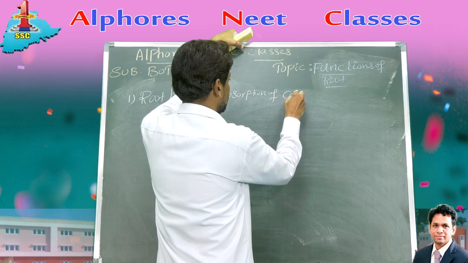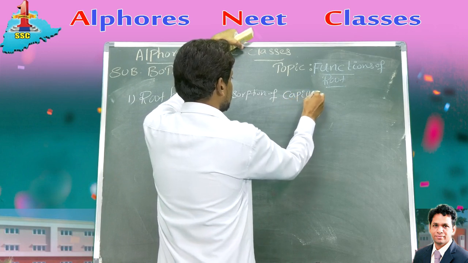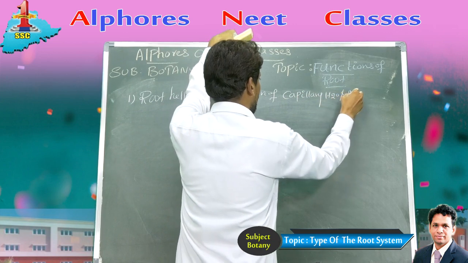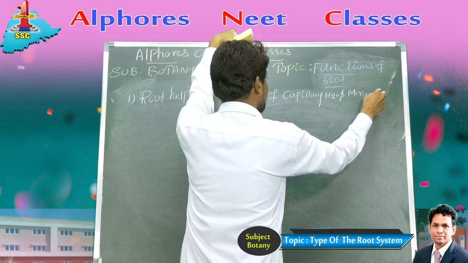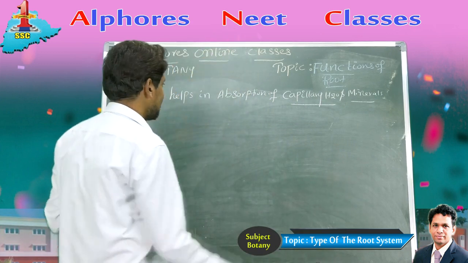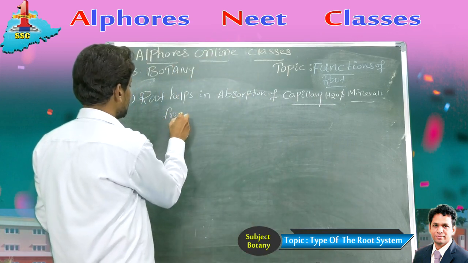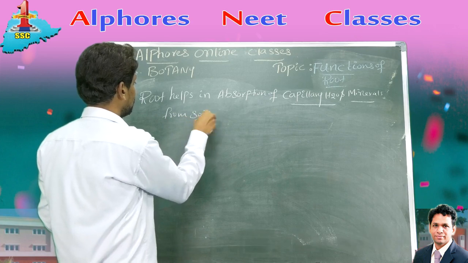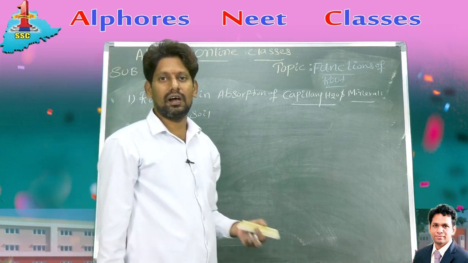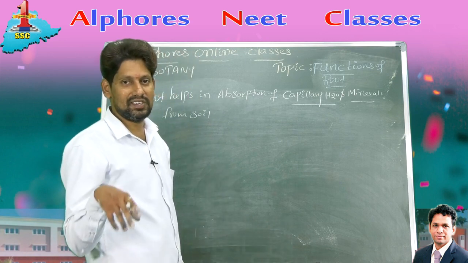Absorption of capillary water and what more? Minerals. Absorption of capillary water and minerals from where, sir? From the soil. Number two, go for the second function. Sir, roots fix the plant in the soil.